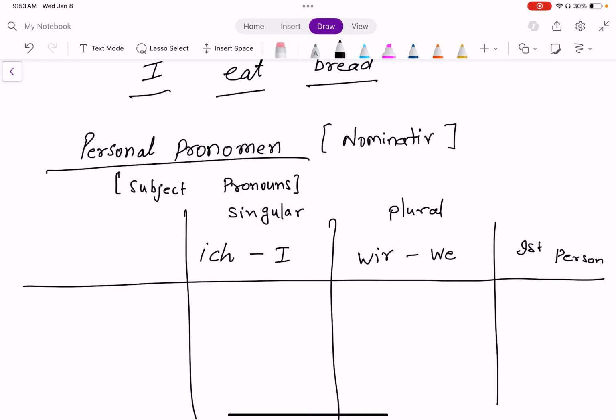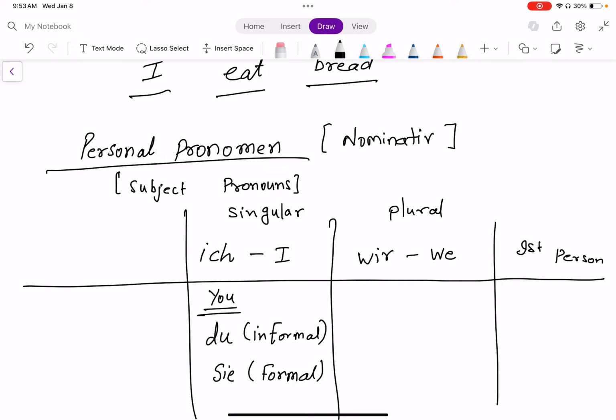Now, second person means you. Then you have du. Du is informal you. Like in Hindi, we have tu and aap. Tu is informal and aap is formal. So du, then Sie. This is formal you. Let me write you here.